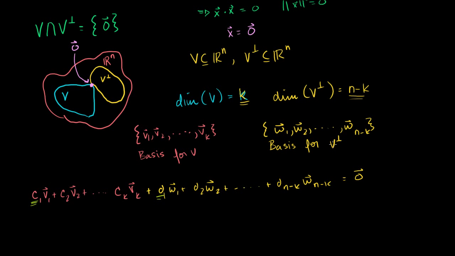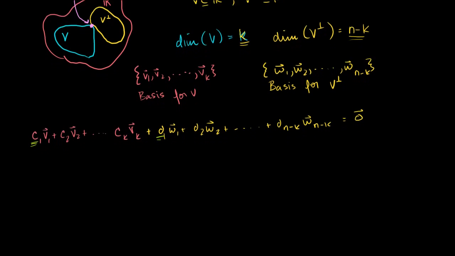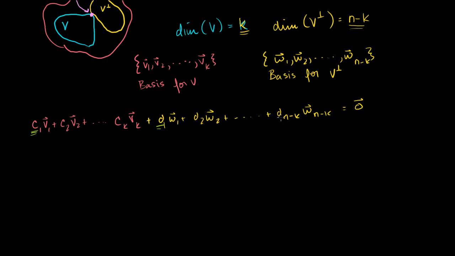So let's see if we can experiment with this a little bit. If we take this equation, which I just wrote down, we know that one solution is all of the constants, the c's and d's, equaling 0, but we don't know that that's the only one. Let's just subtract all of the w vectors from both sides of this equation. So what are we going to get? We're going to get c1 v1 plus c2 v2 all the way to plus ck vk, and we're going to subtract this from both sides of the equation.